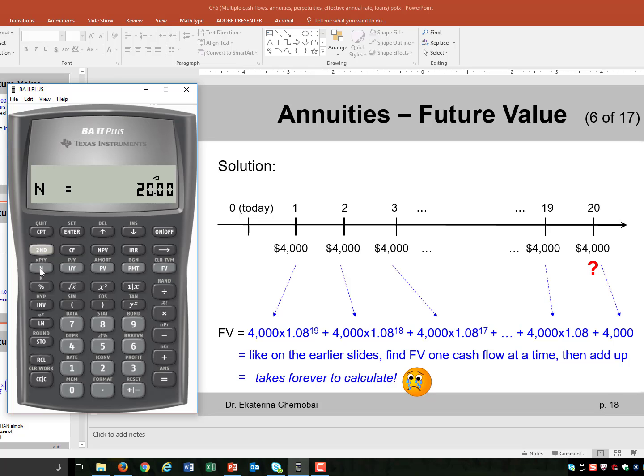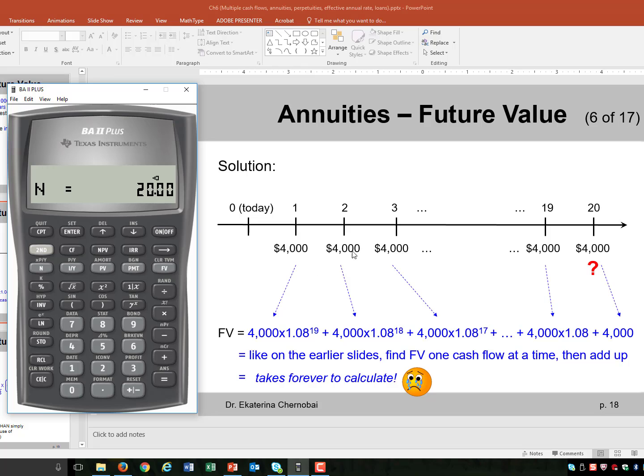So here the interpretation of N is slightly different from the way it was used in the previous chapter to find the future value or the present value. Here N means how many repeating payments we have. Because technically $4,000 earns interest 19 times. So that's the right N we used for the first $4,000.